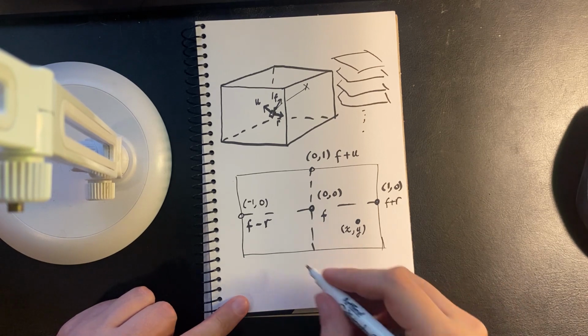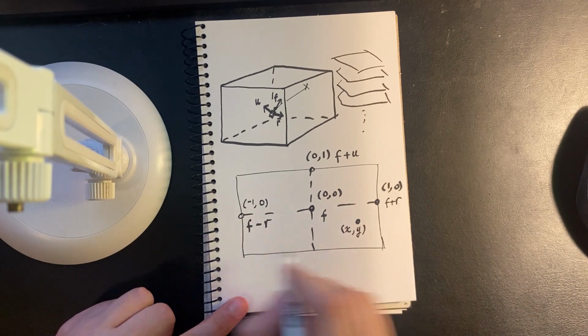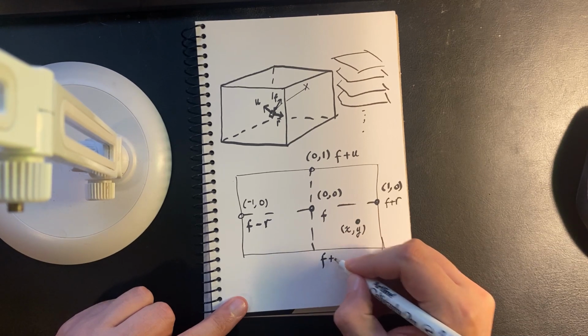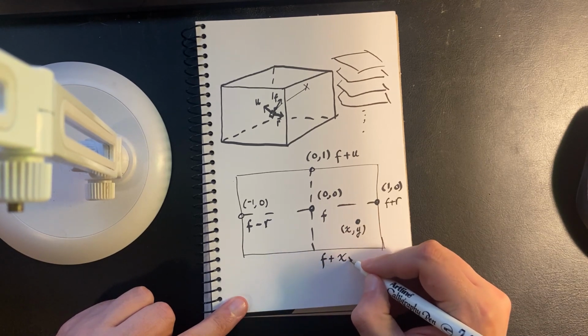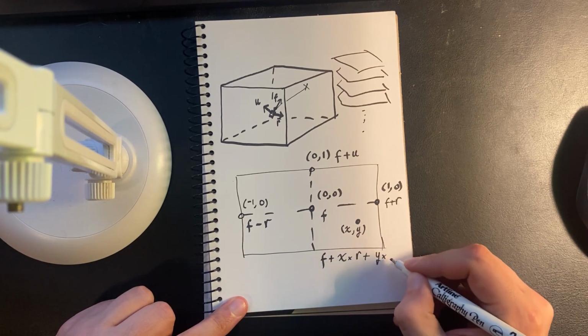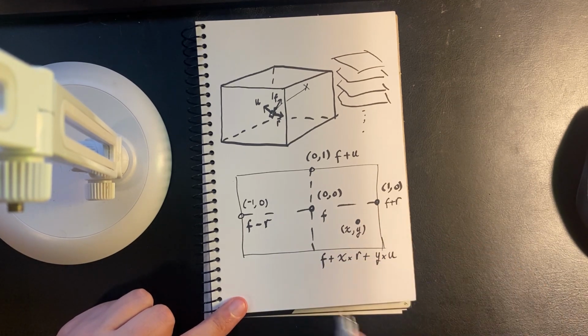As you can see from these examples, it's a linear combination: the forwards vector plus x times the right vector plus y times the up vector. We just make a linear combination of the camera's fundamental vectors, and that gives us a direction vector that we can use to sample from the cube map.